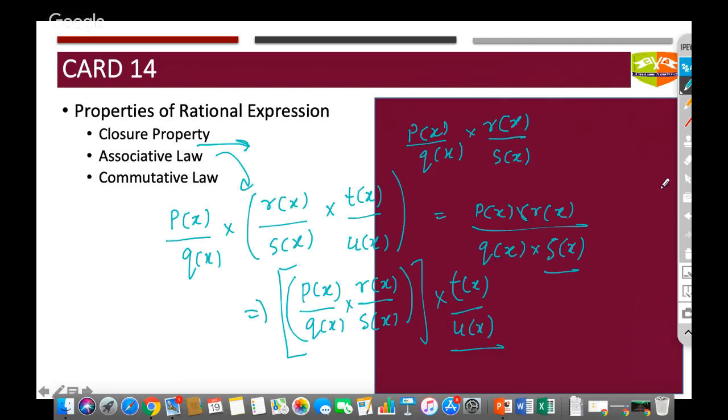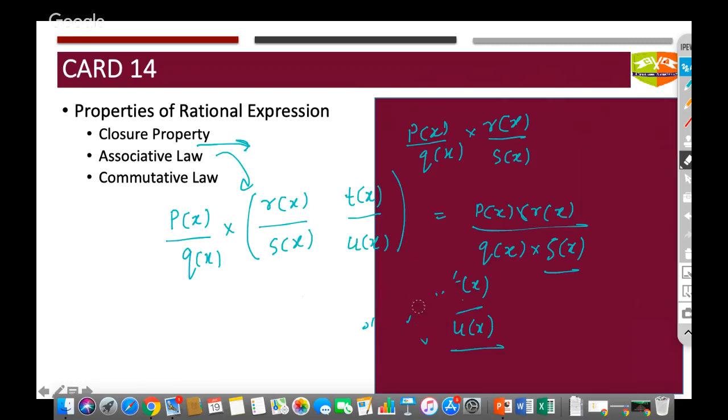So if I change this, I'm changing this here only, and I change this to a positive sign here for cumulative law.